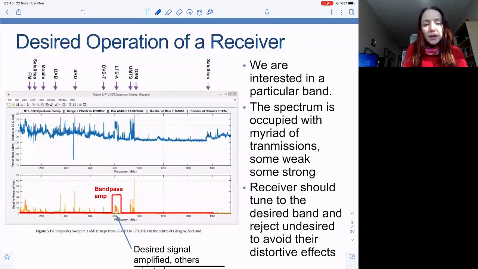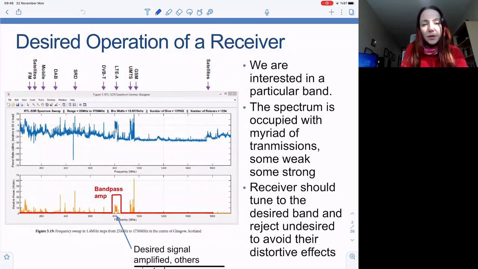Here, there's a band that all of us use a lot during our daily lives, which is LTE-A, the fourth generation cellular communication system, around the 900 to early gigahertz range.